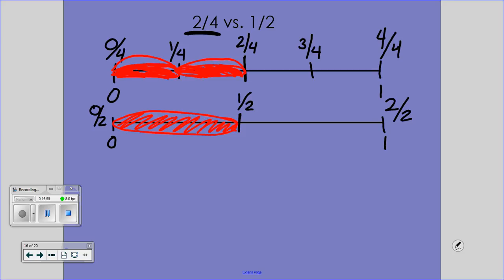Using number lines is really not that different from a bar model. However, they might look tricky because they have a lot of extra stuff. Like, do I necessarily need to know where 3/4 is?